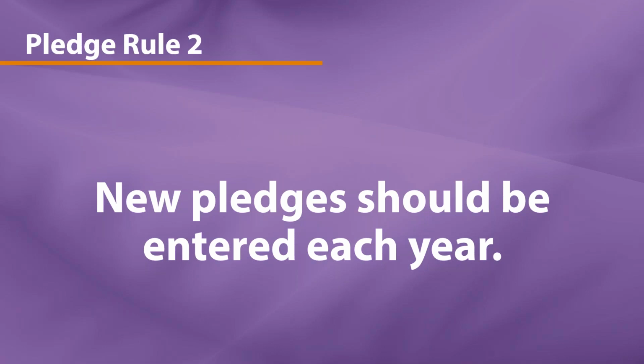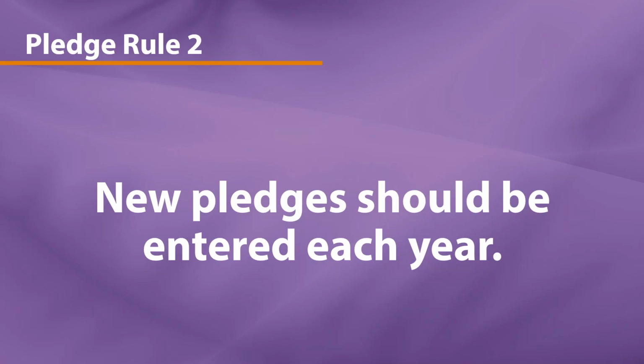Pledge rule number 2, new pledges should be entered each year. What that means is you should limit your date range on pledges to 1-year increments, and then roll those over if possible. You should also try to keep your pledges to your fiscal year.